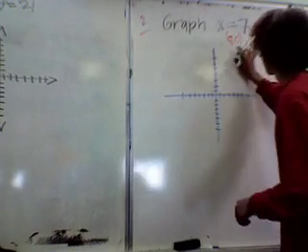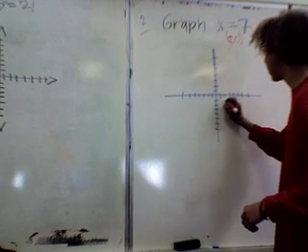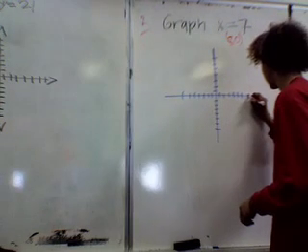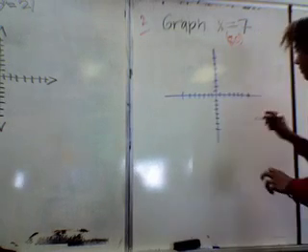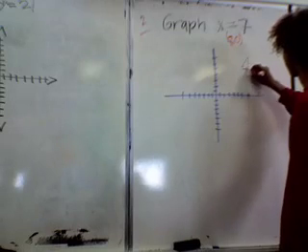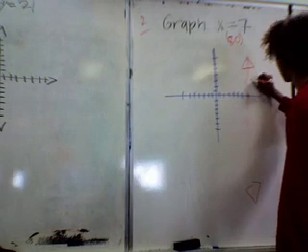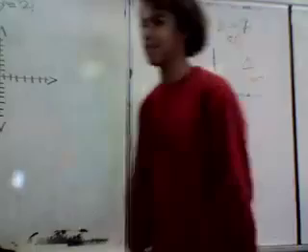Now, you go to the right 7 times because it's positive 7. 1, 2, 3, 4, 5, 6, 7. And there's no y's. Y is 0. So you draw a line like this. Wow, great job. And add x equals. Good job. Give him a hand, Deontay.